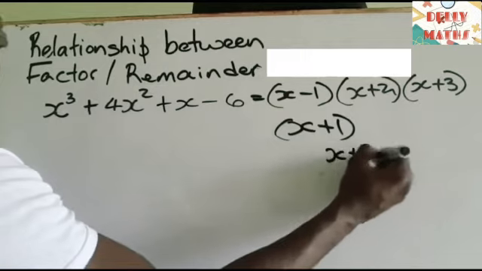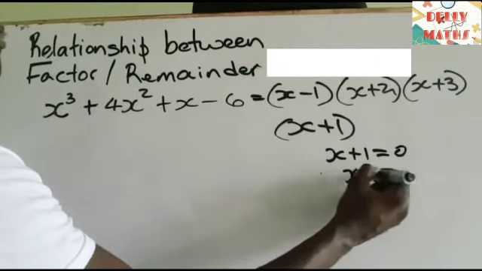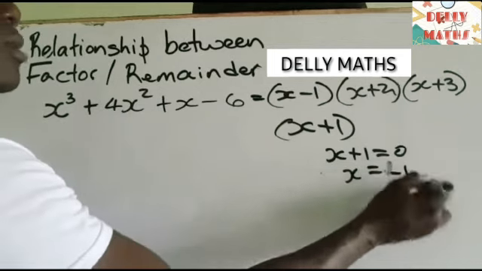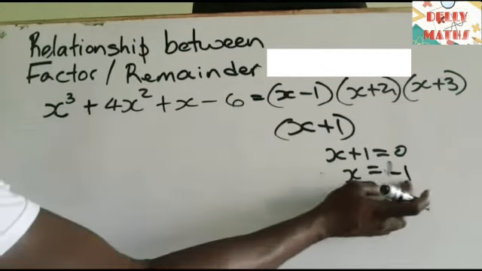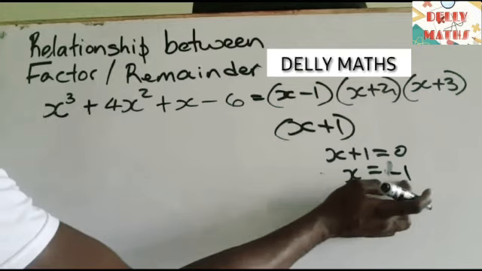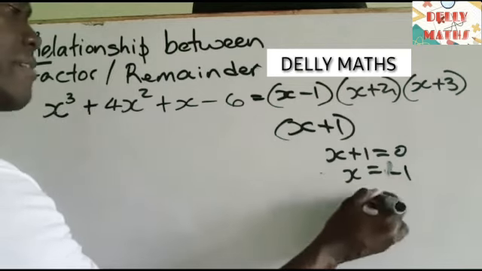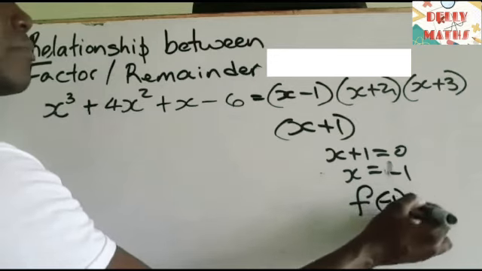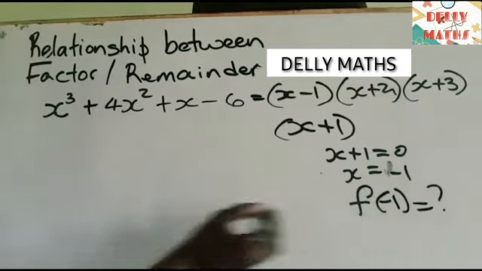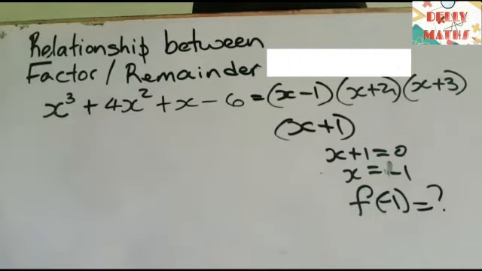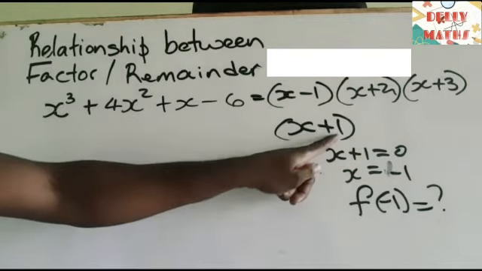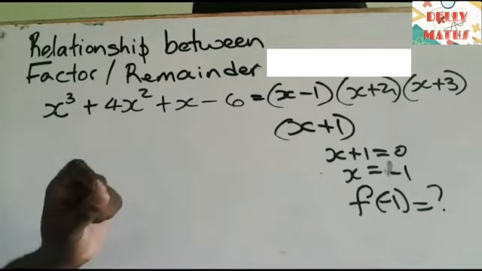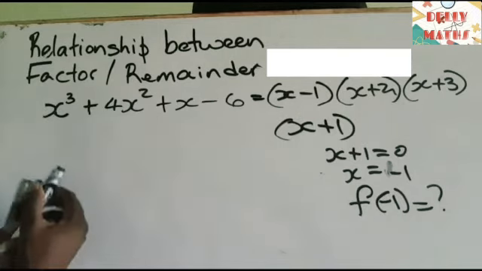So x plus 1 is equal to 0, therefore the value for x is negative 1, which means if I evaluate the function using negative 1, I will get some remainder that is not 0. Why? Because this is not a factor. Therefore, I will get a remainder other than 0. Let's see what we'll get.